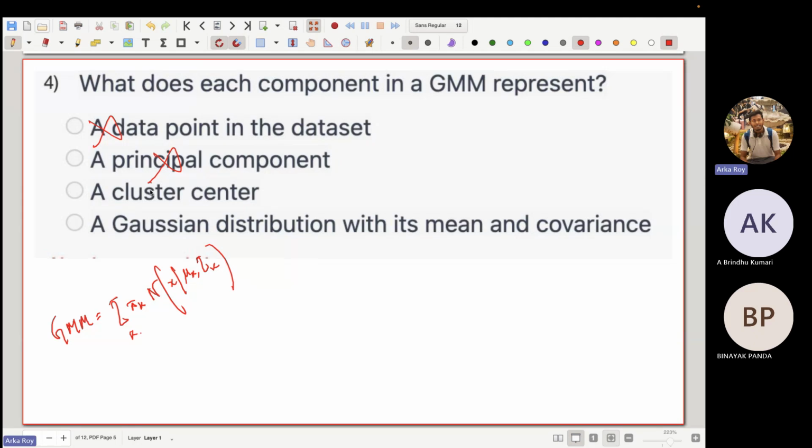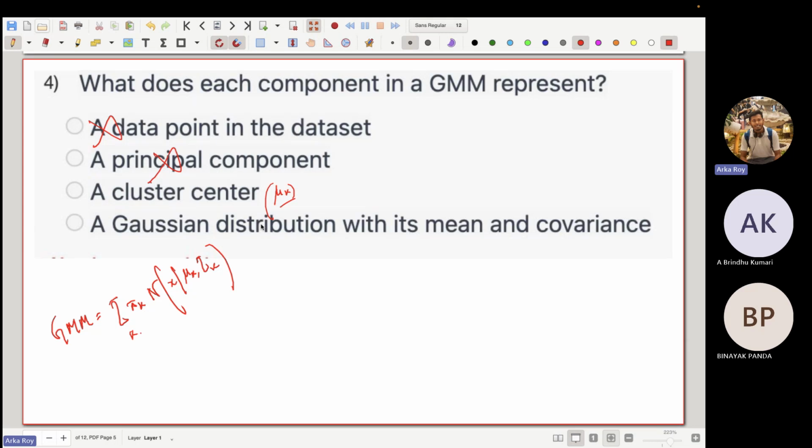A cluster center. A cluster center is basically referred to as the mean of the cluster, right? If you have a data cloud, you take the mean, and that will give you the centroid or the center of the cluster. But is it the only thing that is referred to by Gaussian mixture model?